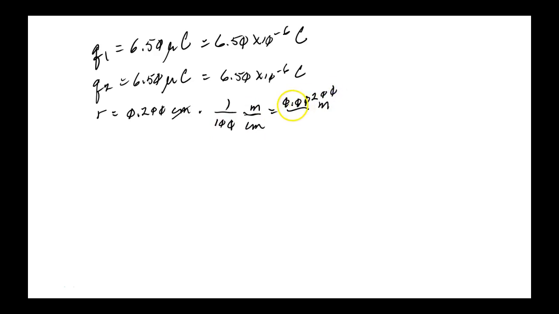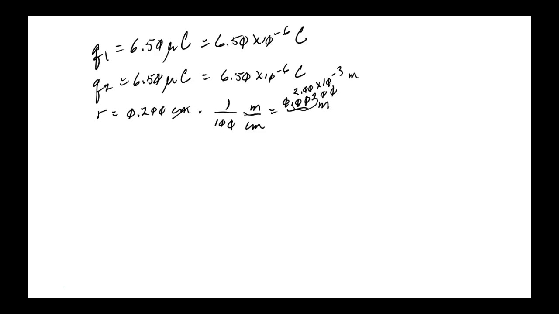If you want to use scientific notation, move this 3 units to the right, and that's 2.00 times 10 to the minus 3 meters. That's actually probably the easiest way to express it. You can use 0.00200 meters, but this would be probably a little easier to work with. All right?